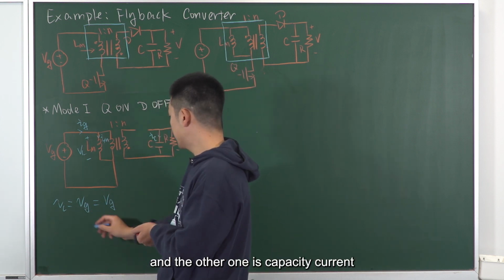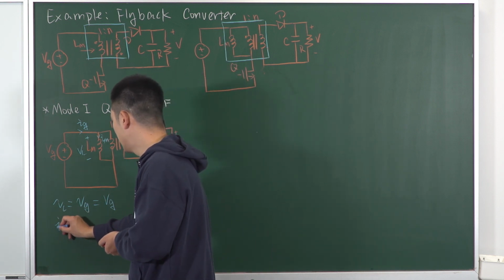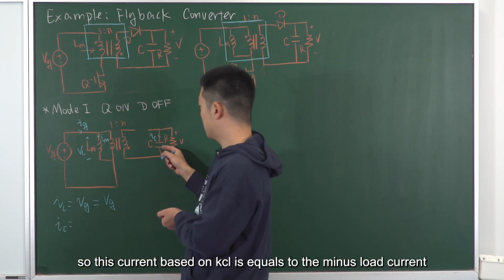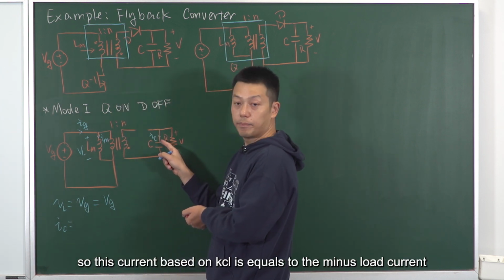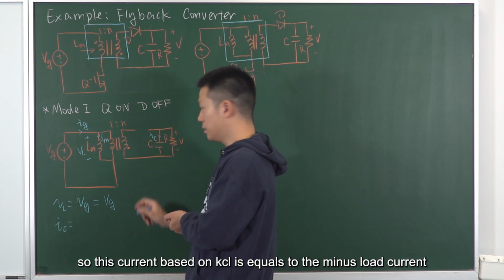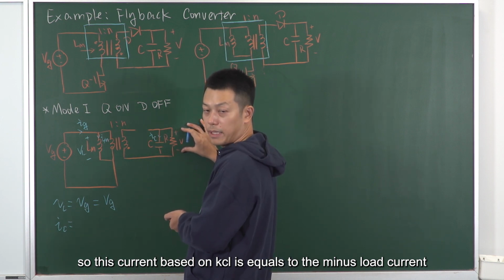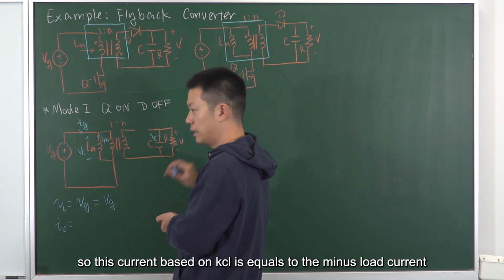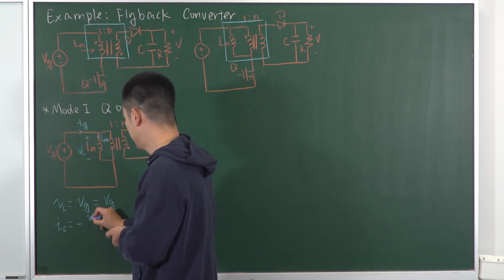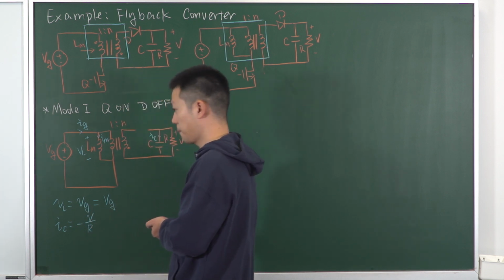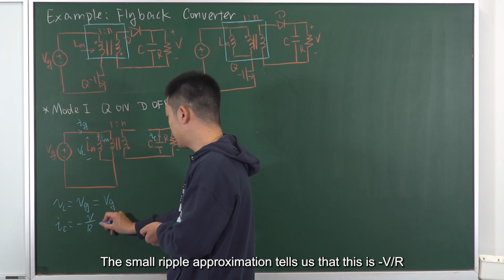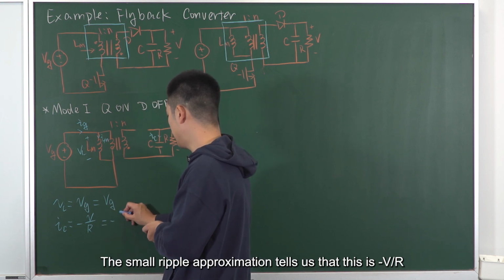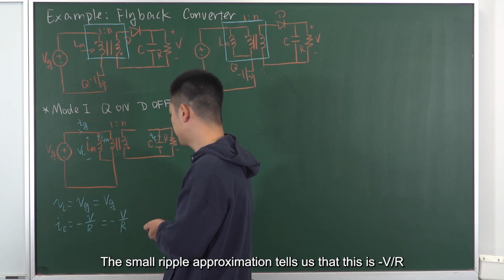The other one is the capacitor current. Based on KCL, this current equals minus the load current. The small ripple approximation tells us that this is minus output voltage over R.